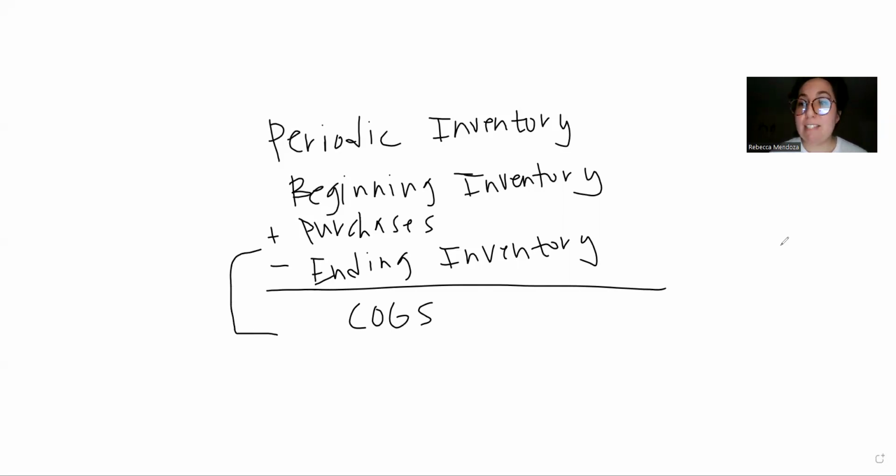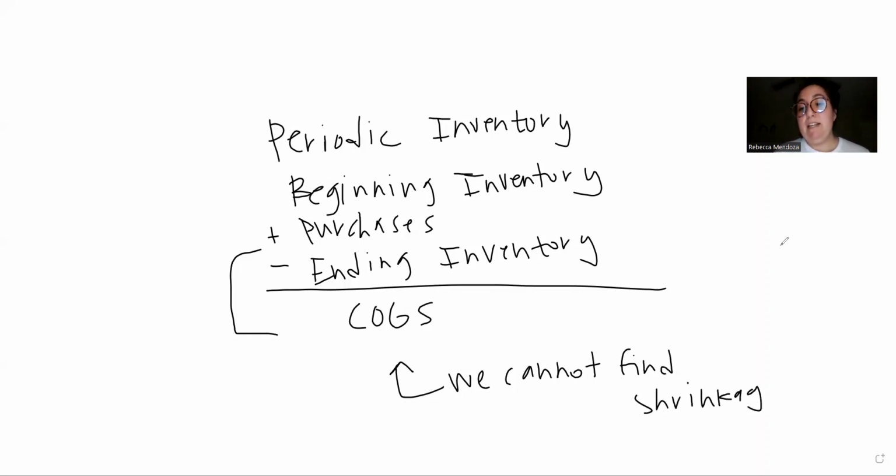Instead of subtracting out the cost of goods sold, we subtract out our ending inventory because we're assuming, since we only have a physical count once a period, that everything that's not there, we must have sold. So this one we are not able to find shrinkage. Again, that's because there is no continuous counting.